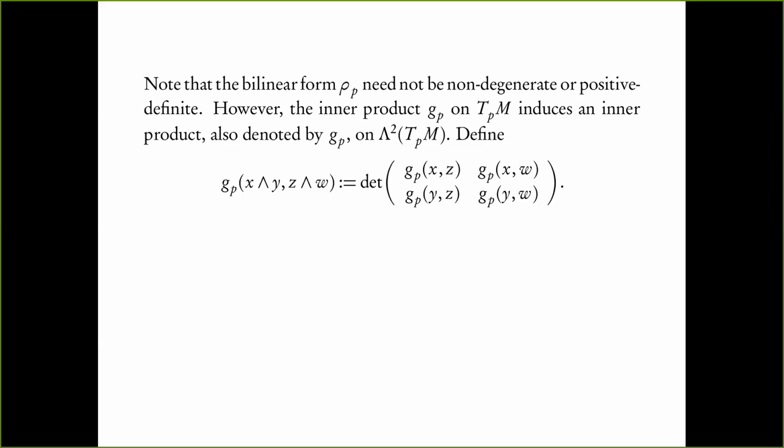If I calculate g_p of Z wedge W comma X wedge Y, what matrix do you get? It's just Z replaced by X and W replaced by Y. The symmetry says that the diagonal entries remain the same. So the matrix remains the same? Really?